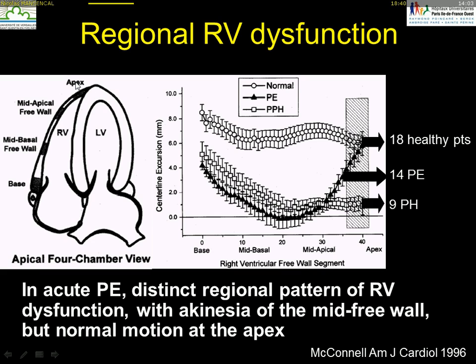In patients presenting with primitive pulmonary hypertension, there is an akinesia of the apex, not found in acute PE. However, in routine practice, this study is sometimes very difficult because of poor echogenicity of our patients.